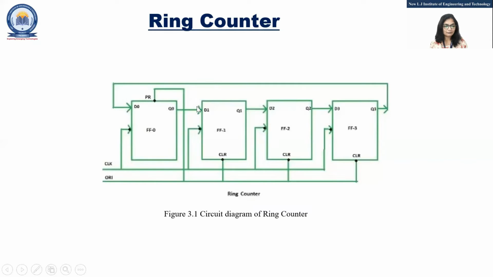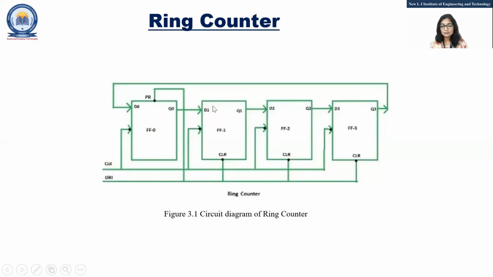Now what happened? Here we are applying PR is 1. So Q0, irrespective of any input, this D0 and clock is either 1 or 0, Q0 will be 1.